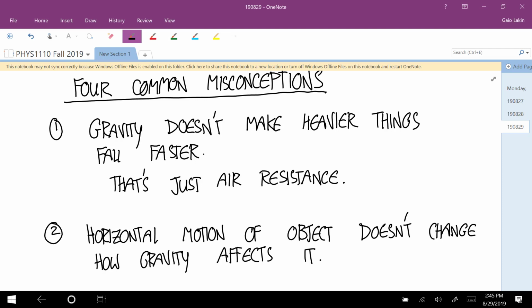The one you shot out of a gun would just hit the ground 400 yards away, so you wouldn't see it. And I'll show a video of an experiment like that, and we'll talk about it. But gravity does the same thing to objects no matter what the horizontal motion is. Anybody want to yell about that one?